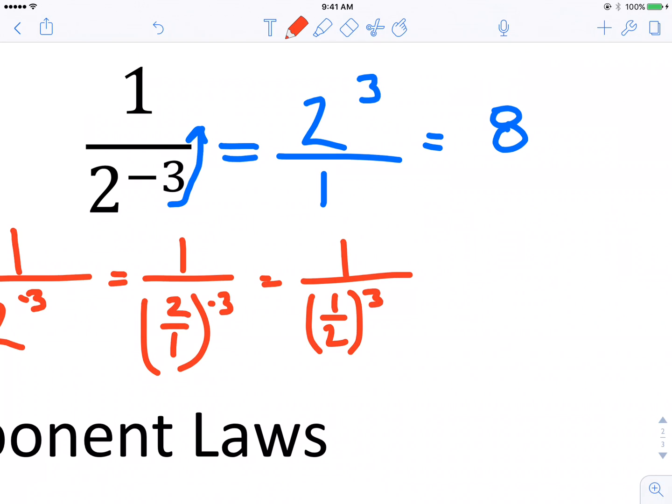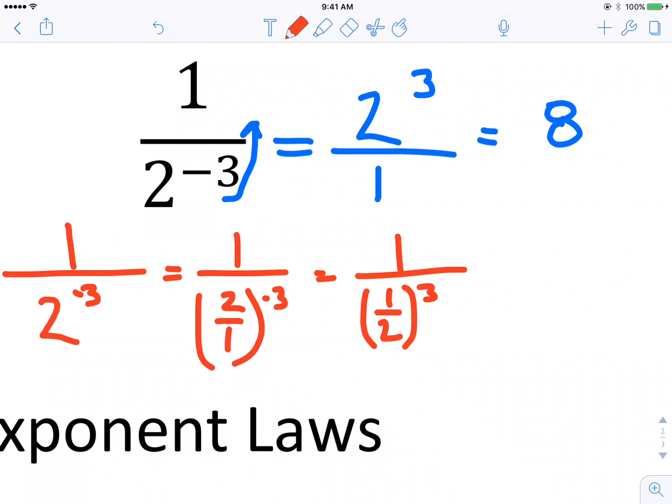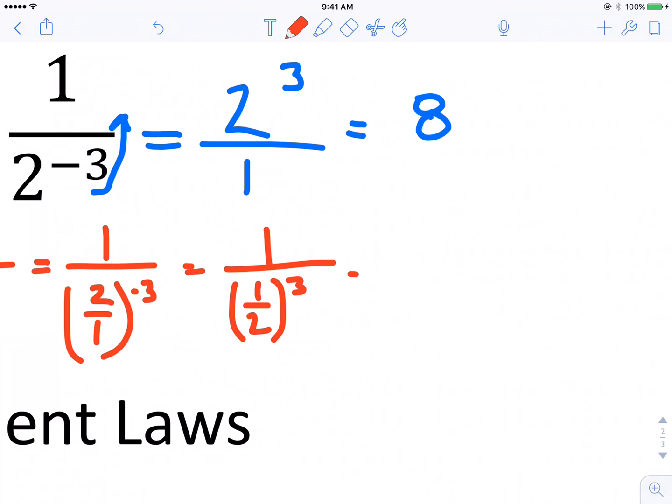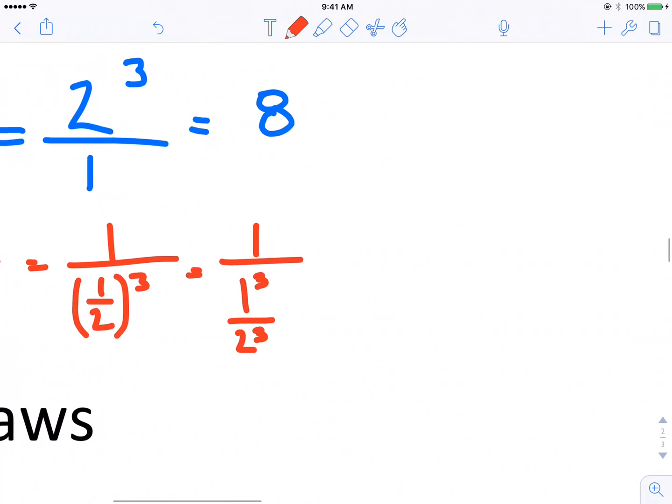So all I've done is made that a fraction, flipped it, and changed my exponent sign. So now this becomes 1 over 1 cubed over 2 cubed. So now I'm just applying that exponent into that bracket.